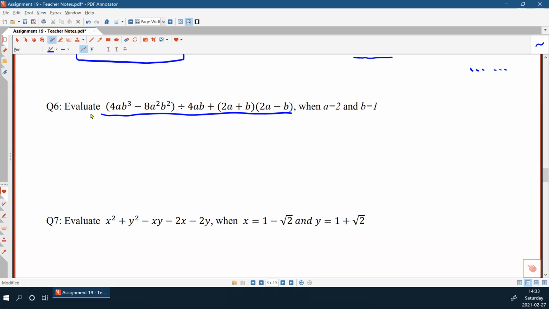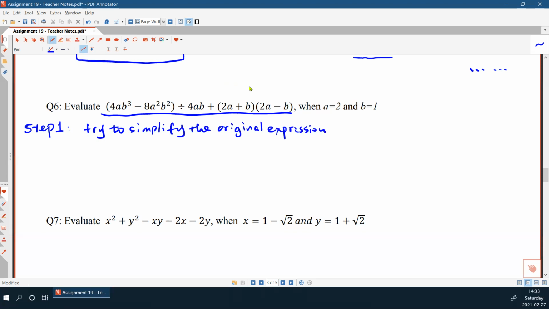When you see a problem like this, the first step is to try to simplify the original expression. Why?